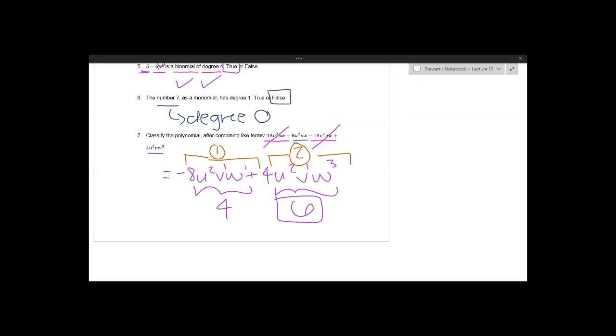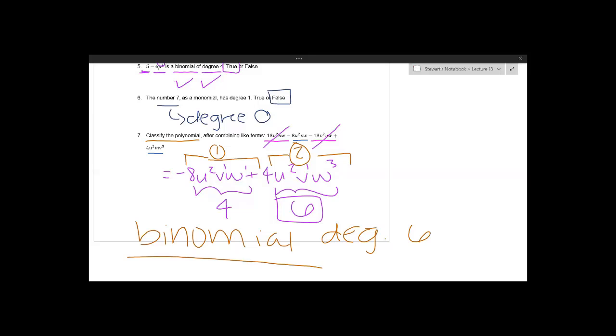So it's a polynomial with 2 terms, or a polynomial with 2 monomials. It's a combination of 2 monomials, so this would be a binomial. That would be classifying it. Classify the polynomial: it is a binomial. And then if it asked further, it would have degree 6. But it is a binomial. And that is how you would classify it.